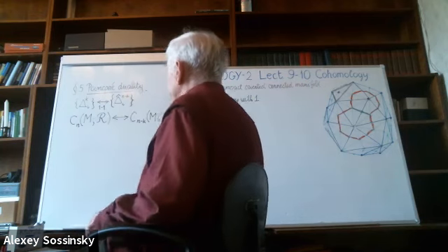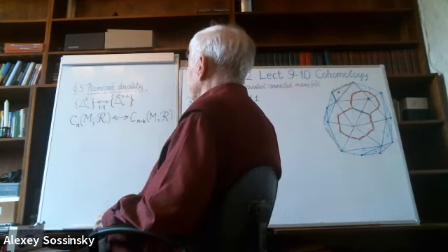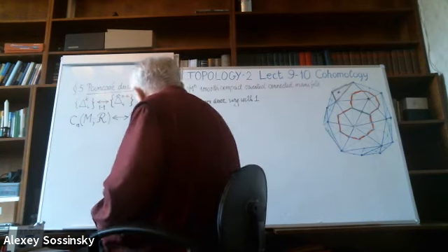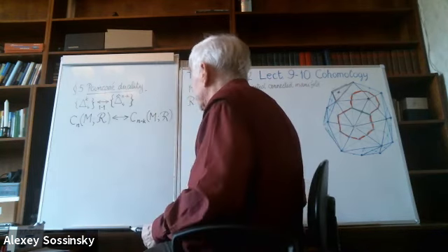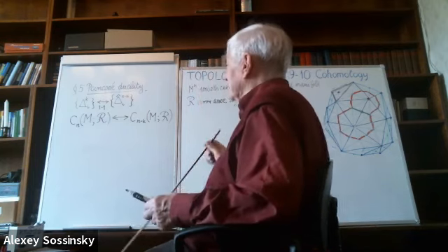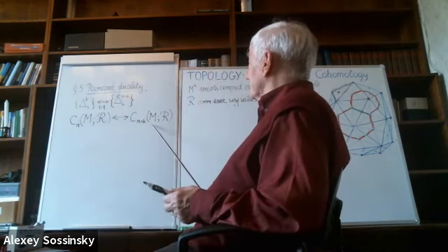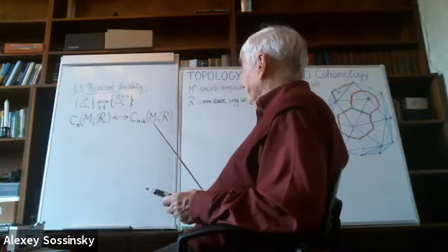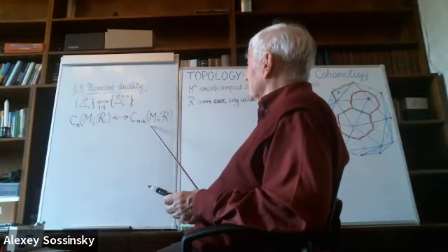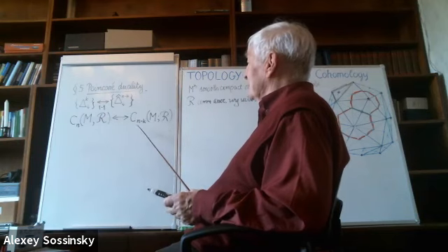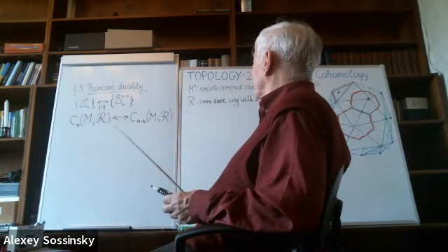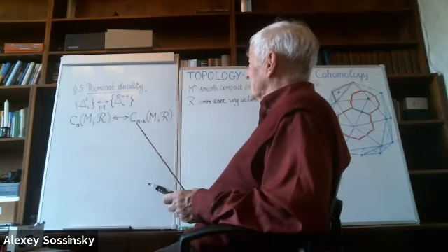Now this is very nice, and one immediately thinks, oh, great, now I will just consider the homology of these two chains and show that they're isomorphic and prove Poincare duality.